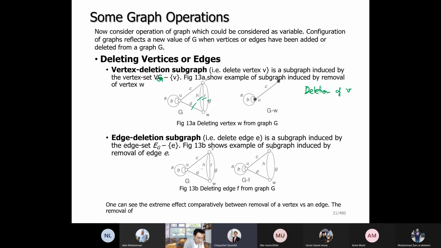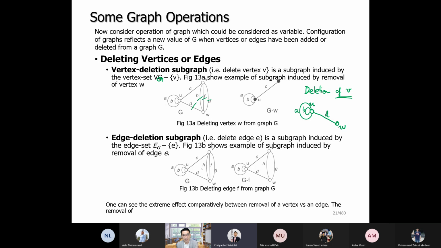What about this one? If I have deletion of V, what would be the graph? The edge would be U towards W, right? And we should have D left, and we should have B and A, right? All the links connected to V will disappear, so C, H, F, and G will disappear.